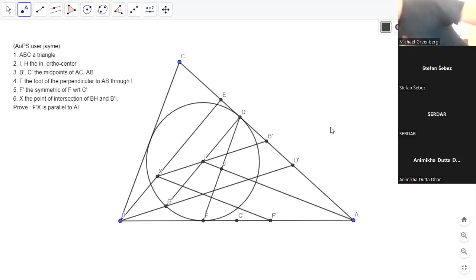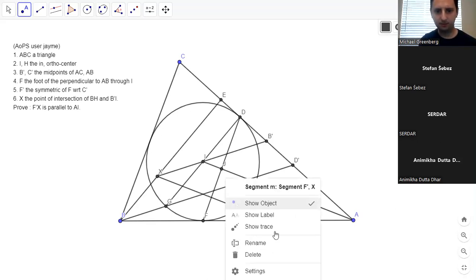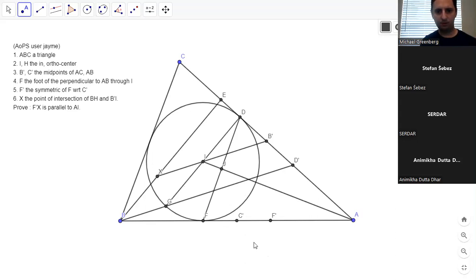All right, I'm back. Can you delete this segment XF prime? Yes. I don't know if it's worth trying to do the same thing with F prime that we did with D prime, where we kind of do it like this.